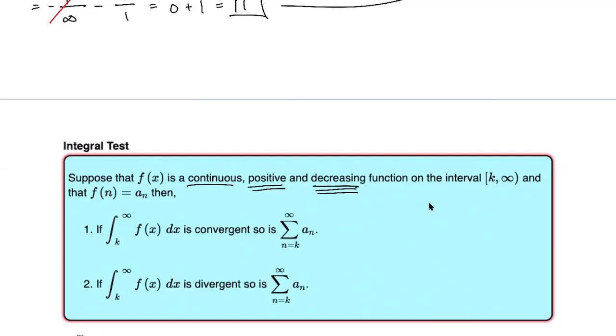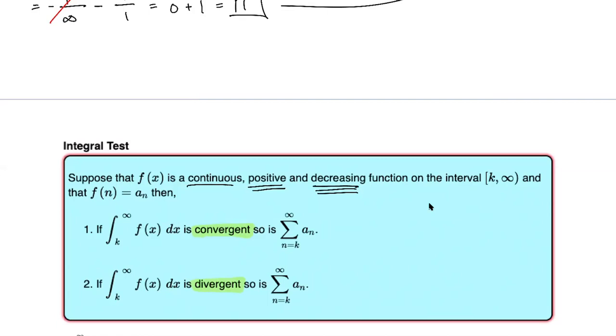If you do your improper integral and you find that it converges, then the infinite series will match that behavior. So if the improper integral converges, so will the infinite series. On the flip side, if you take that improper integral and it diverges, then your infinite series will again match the behavior, and it will also diverge.